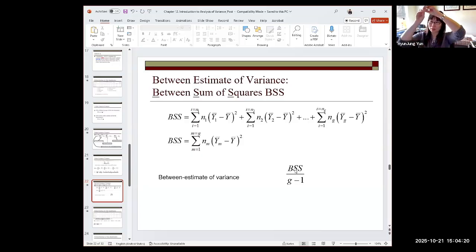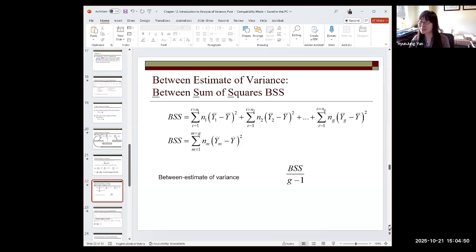Here is the grand mean, and between Republican, Democrat, and independent. That's the numerator value, but it should be a variance, divided by sample size originally. I'm sorry, the variance for between group. We know we fix one grand mean, so it's the group number minus one. That's the degrees of freedom for between group.